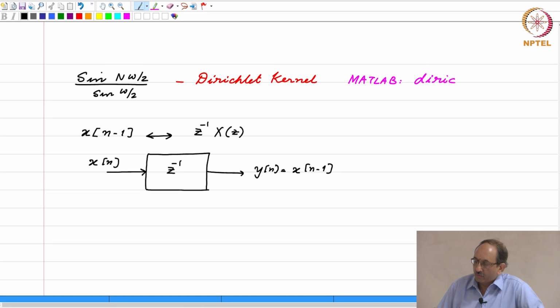Now, this delay property also can be used to point out one important consequence of systems described by linear constant coefficient difference equations.